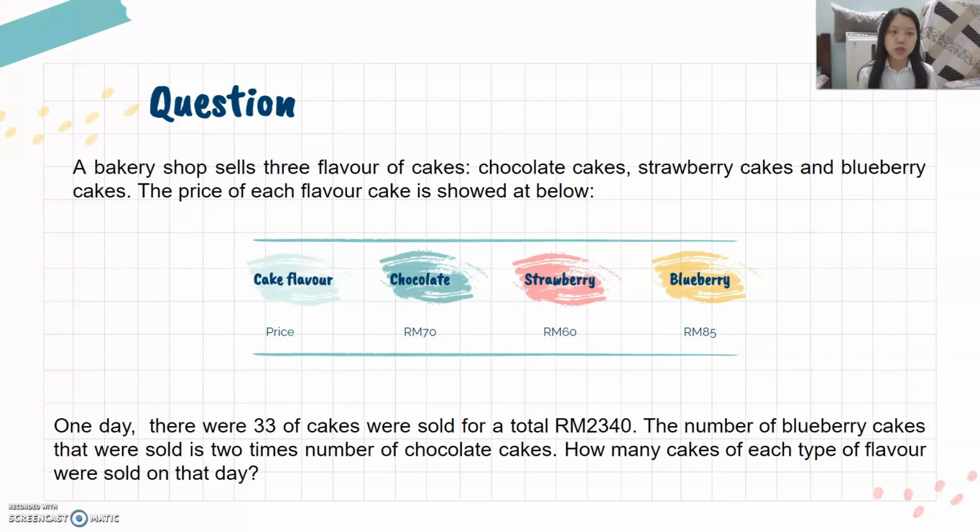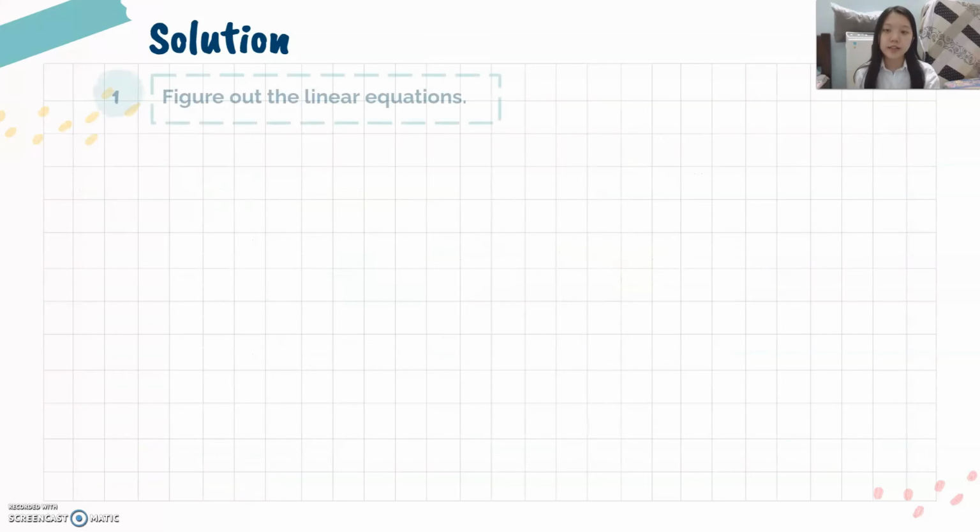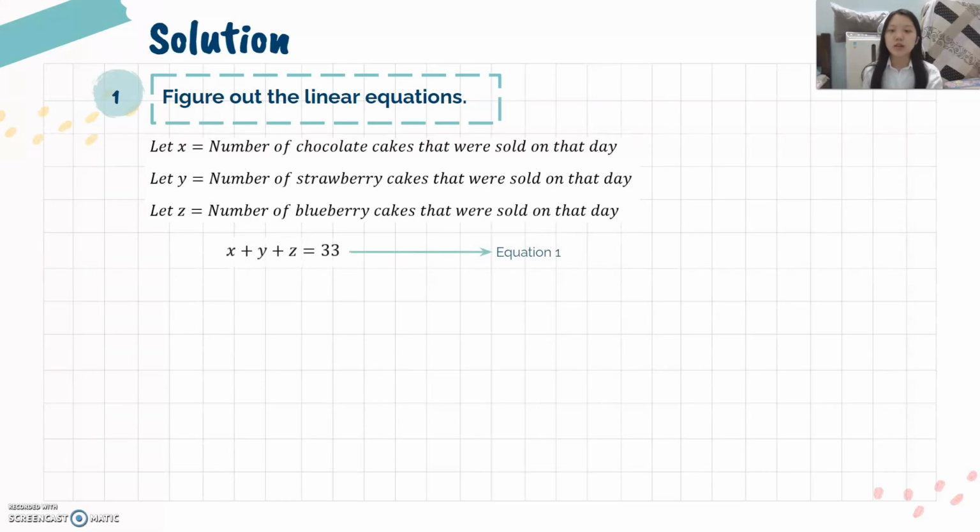So, to solve this question using matrices, we have to identify the linear equations first. The first equation is x plus y plus z equals 33, which is the total number of cakes that were sold. For equation 2, this is the total price of what was sold on that day.